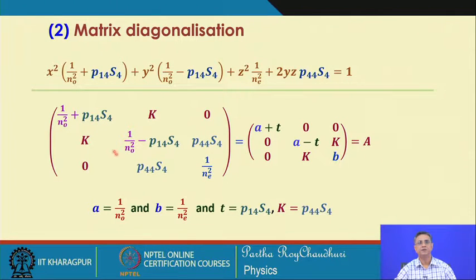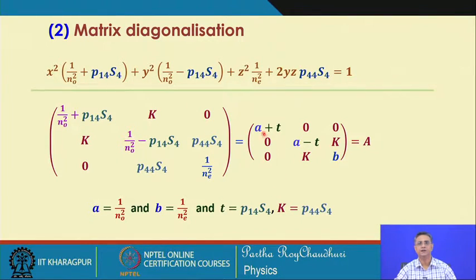Now, for the sake of simplicity, we substitute this as a, this as b, and this as t, that is p_14 S_4 will come here, and k equal to this. These are the substitutions.